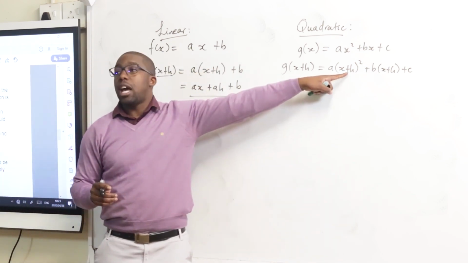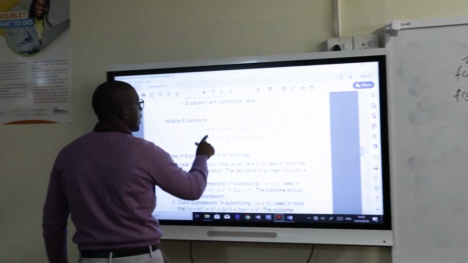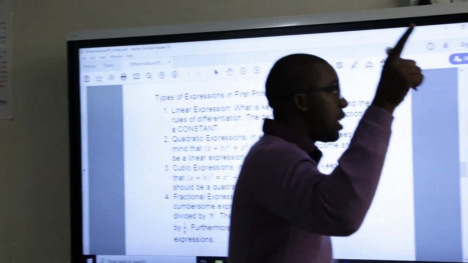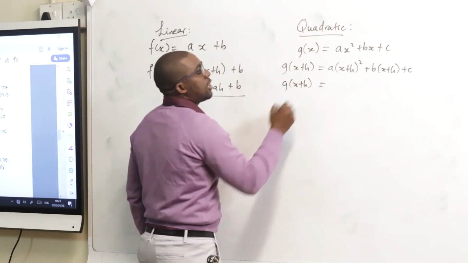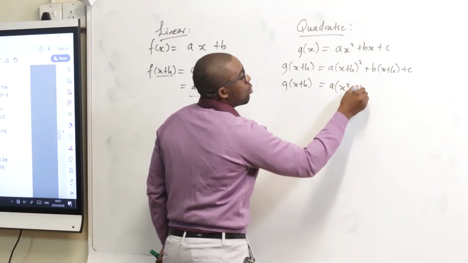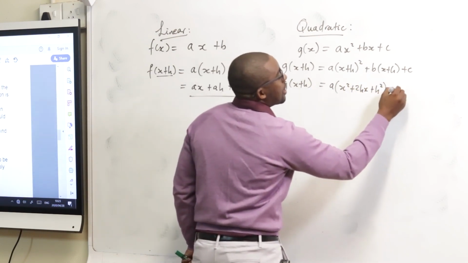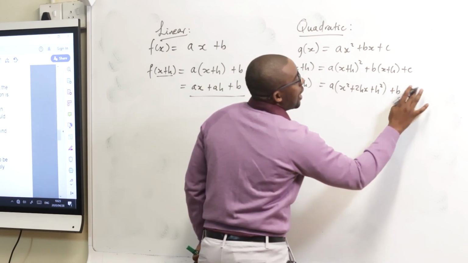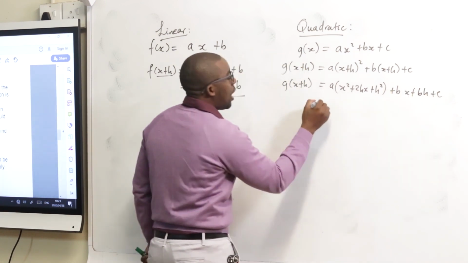To avoid wasting time on this expression, we already have a standard result for that. This is the standard result right here. So keep that standard result in mind. We're going to have g of x plus h is therefore equal to a times x squared plus 2hx plus h squared, plus b times x plus h, plus c, which is bx plus bh plus c.